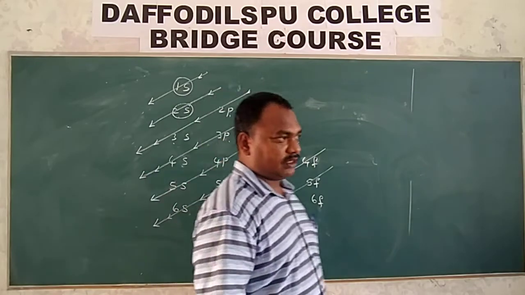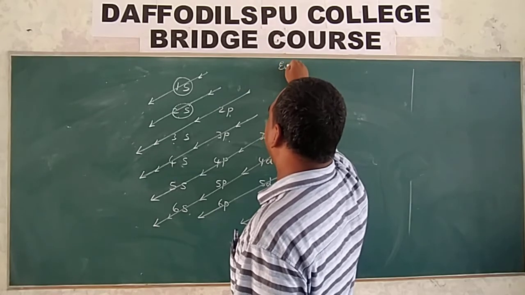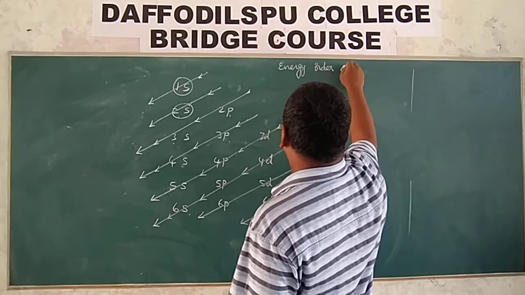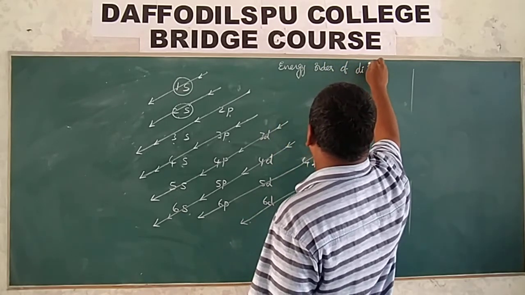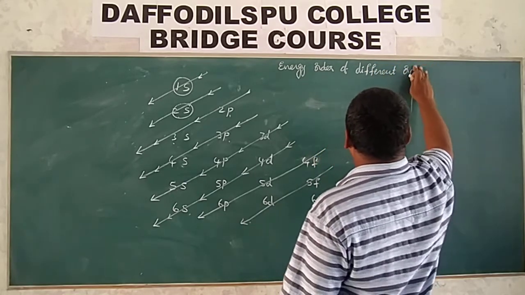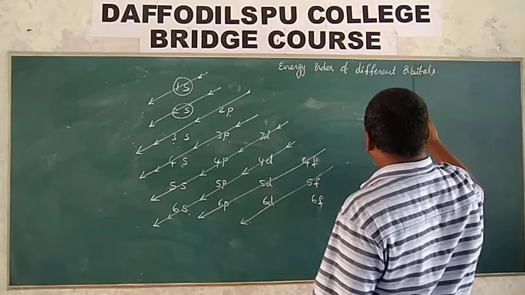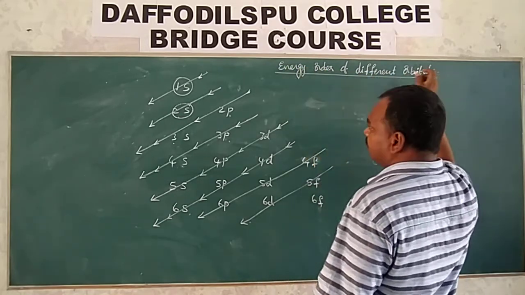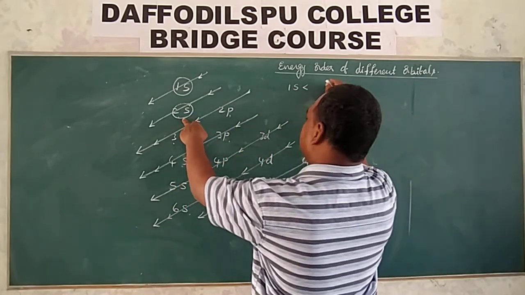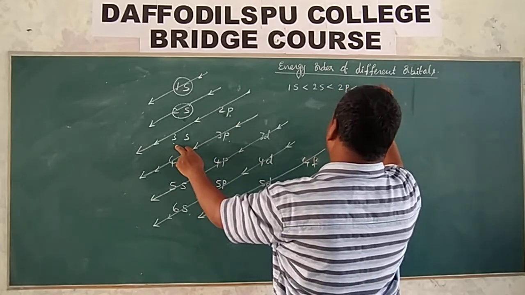So this is the energy order. Energy order of different orbitals. The least energy orbital is the 1s orbital. After that, the low energy orbital is 2s. After that, 2p. After that, 3s.